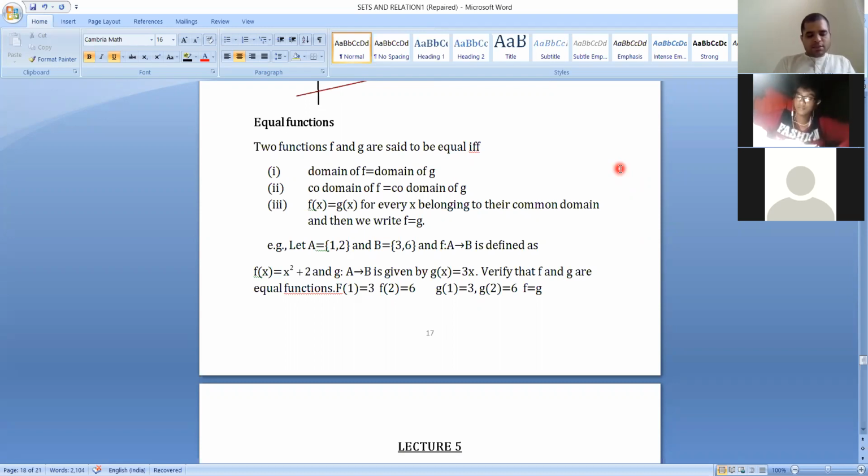And g is a function from Z to Z, so the domain of g is also integer and the codomain is also integer. The functions are defined by f is equal to x comma x square, and g is equal to x comma mod x square.